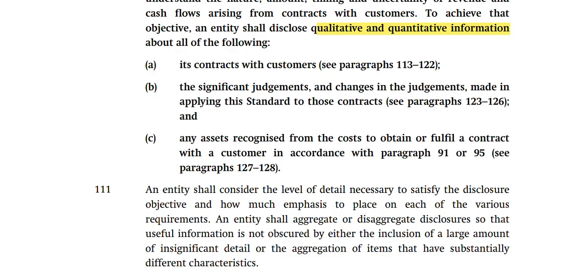An entity shall consider the level of detail necessary to satisfy the disclosure objective and how much emphasis to place on each of the various requirements. An entity shall aggregate or disaggregate disclosures so that useful information is not obscured by either the inclusion of a large amount of insignificant detail or the aggregation of items that have substantially different characteristics.